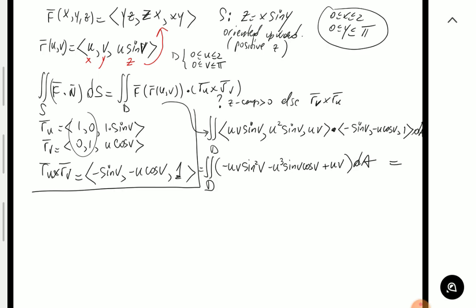Constant bounds, I think the easiest thing is just to do the integral in u first, and then the integral in v. I'm going to give you the integral, but I'm not going to go over all the steps because it's rather tedious. So let's put the integral in v on the outside, which is from 0 to pi, and let's do first the integral in u.